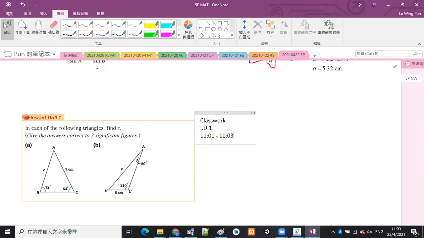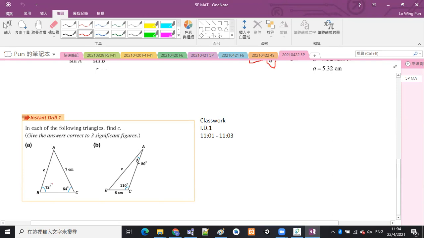Let's see. Is it 6.62? It should be rounded up, right? Be careful! Have you done part A? So in part A, we have triangle ABC, with 72 degrees.